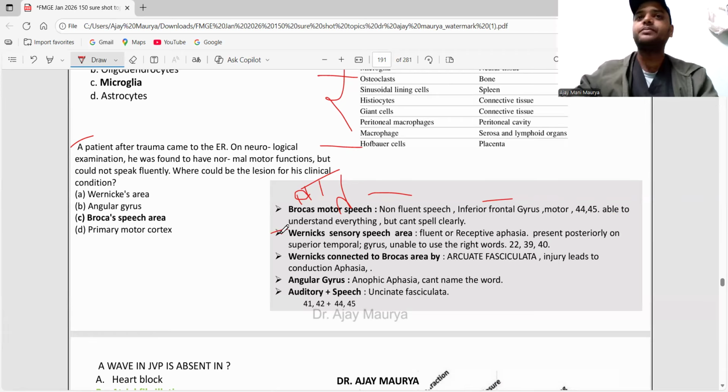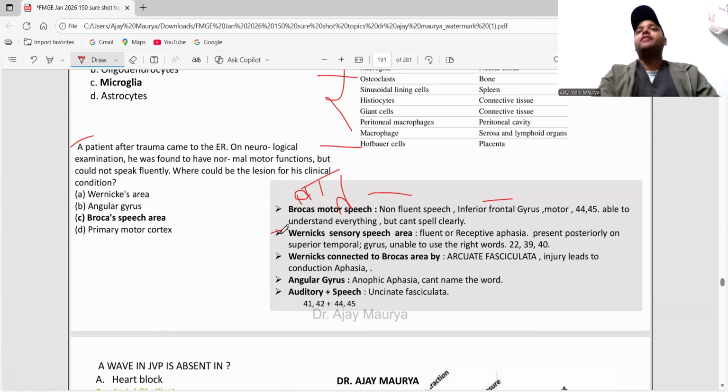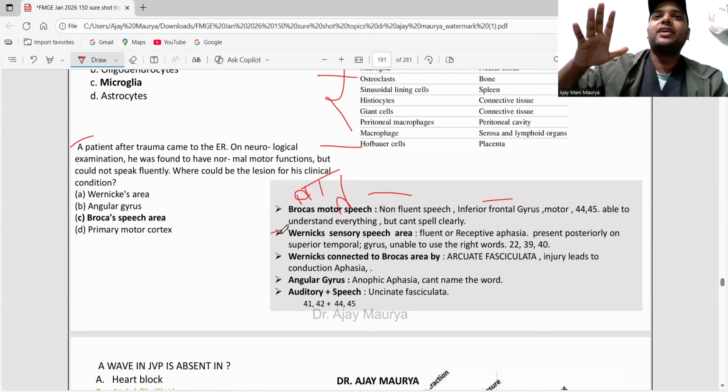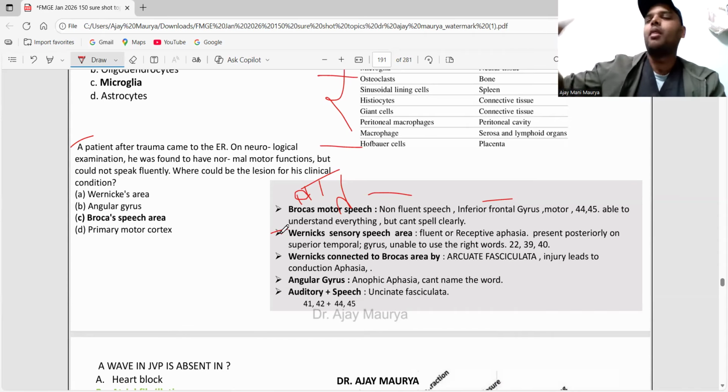That's why there is fluent or receptive aphasia, when there is injury to Wernicke's area at the posterior part of the superior temporal gyrus. He doesn't understand the words, but he can speak fluently.